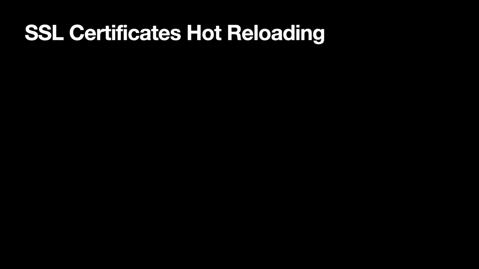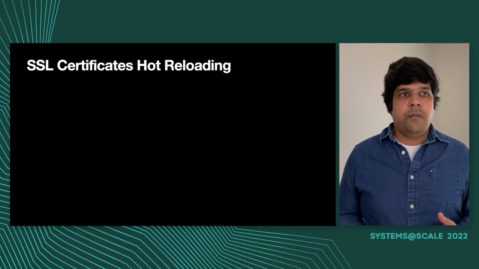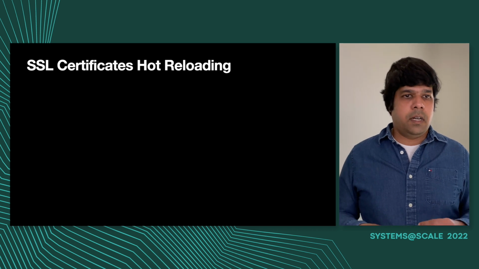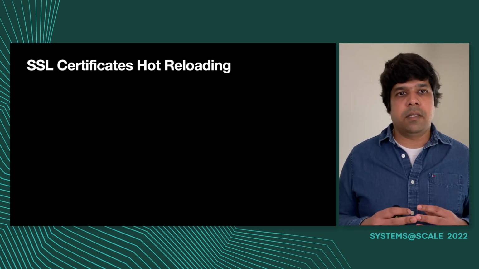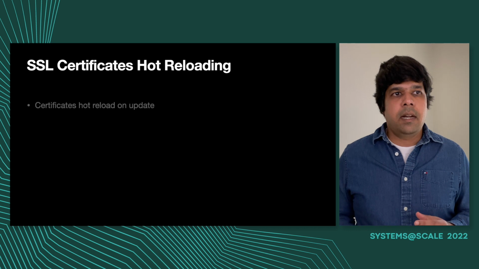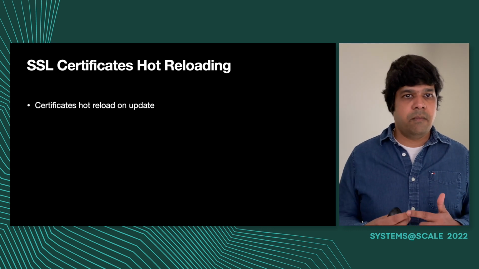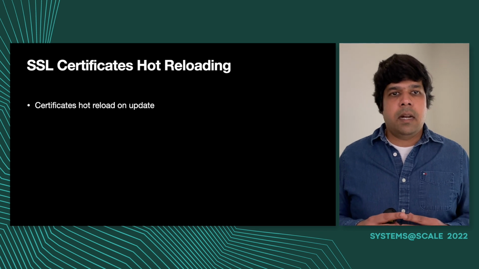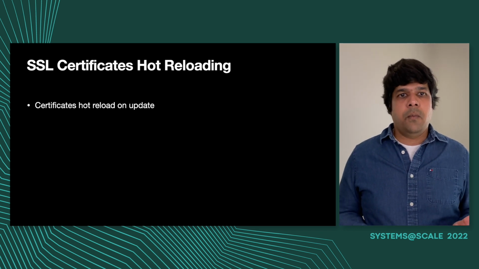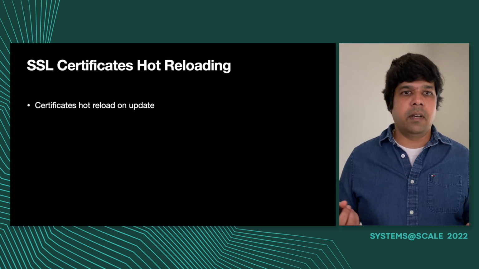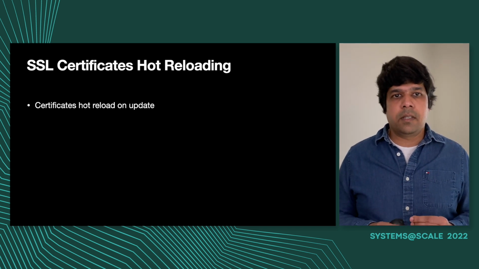A critical feature on the security side is SSL Certificate Hot Reloading. In today's world, we are seeing a lot of adoption of better security practices across the industry. And one of the things that people like to do is rotate their certificates more frequently. Whenever you rotate a certificate, we have to bounce instances, restart instances, in order to pick up the newer SSL certificates.